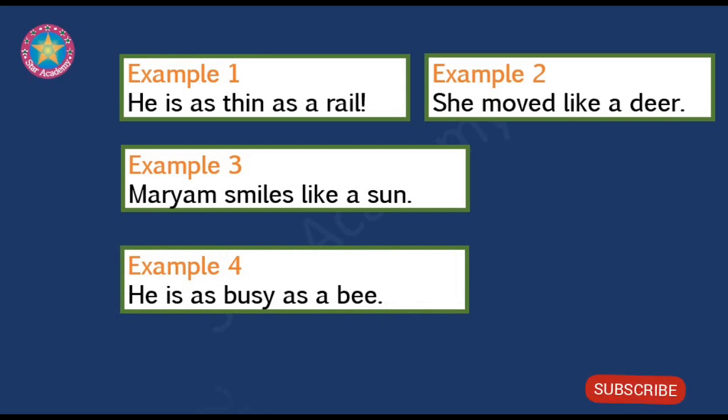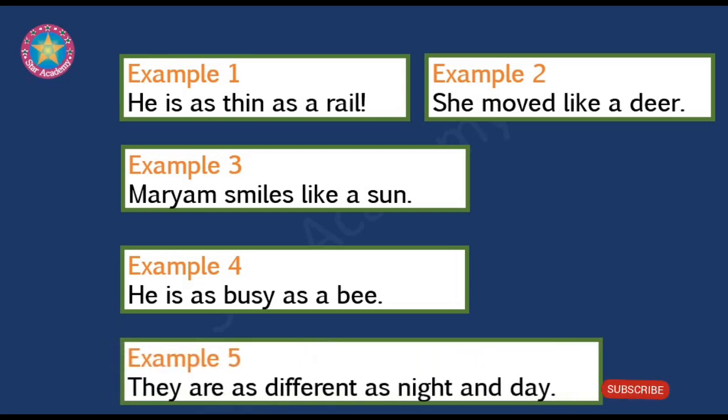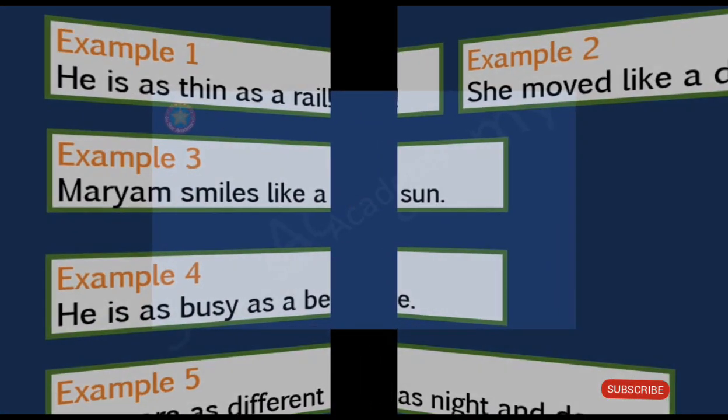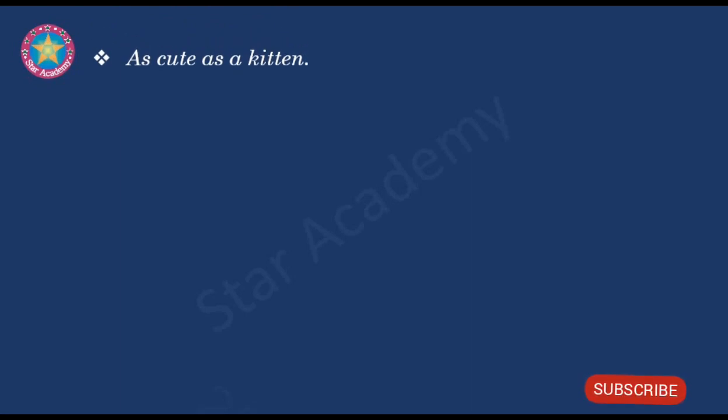Example number 3. Miriam smiles like the sun. Here, the comparison is made between the smile of Miriam and the sun. He is as busy as a bee. When you are saying someone is very busy, then we use it. It means he is working hard, as bees are known to be extremely busy.